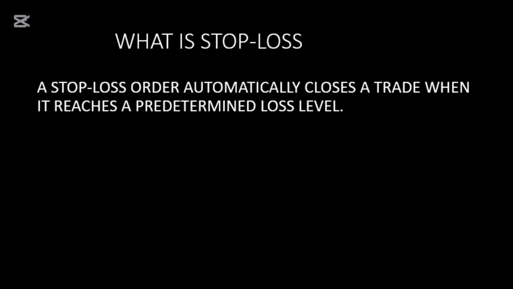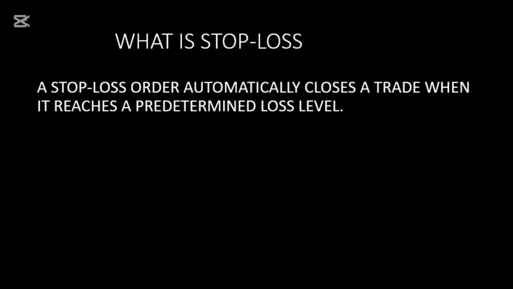Now, what is stop loss? A stop loss order automatically closes a trade when it reaches a predetermined loss level. As you're taking a trade, you place a stop loss order. If price gets to that point, it's going to close automatically.